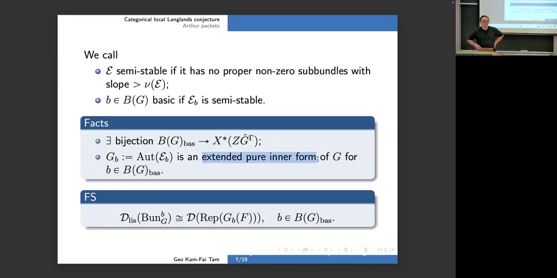Sorry, maybe some expert here can help. Okay, anyway, just think about this G_b as coming from a basic isocrystal.